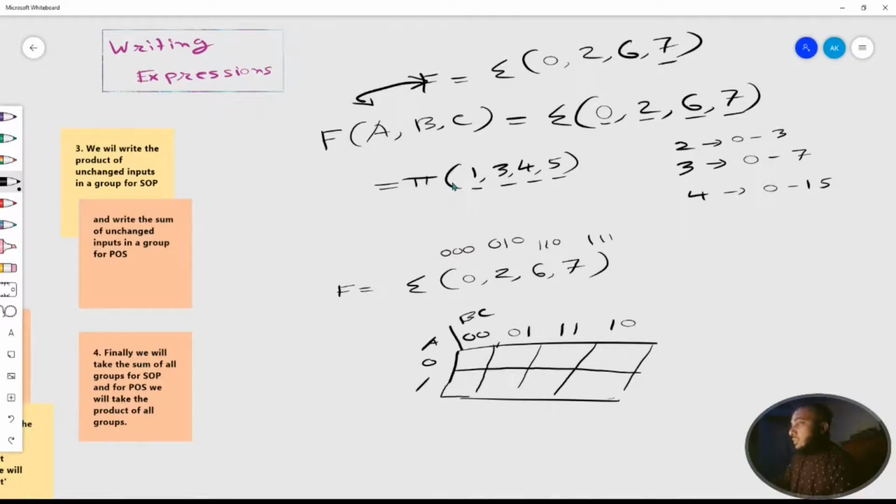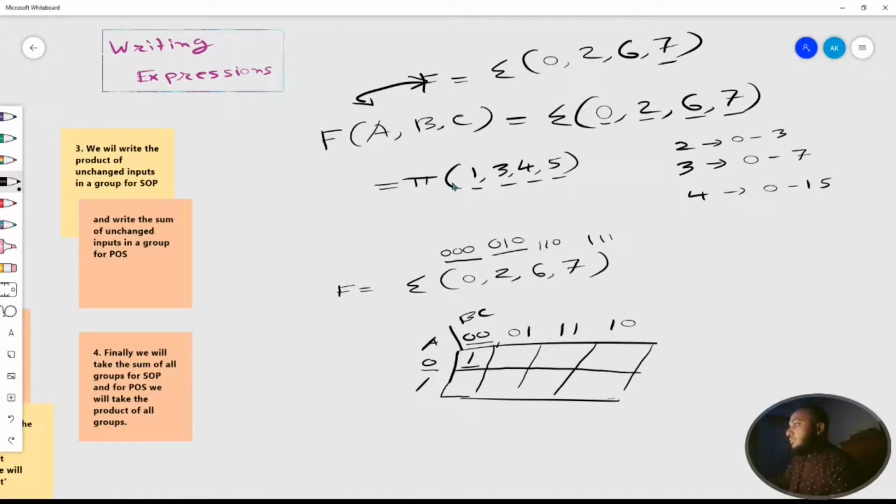So here we have 0 in the first row, and we have 0 0 in the first column. So we will have 1 here because 0 0 0 is in the first row, first column, which represents this box.